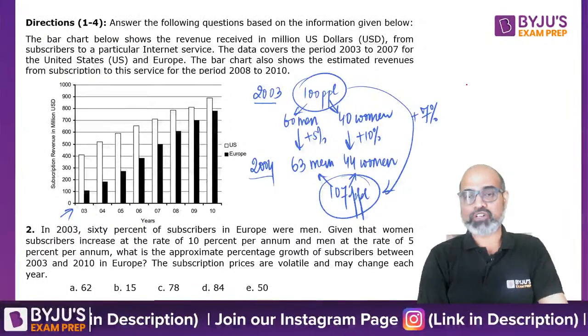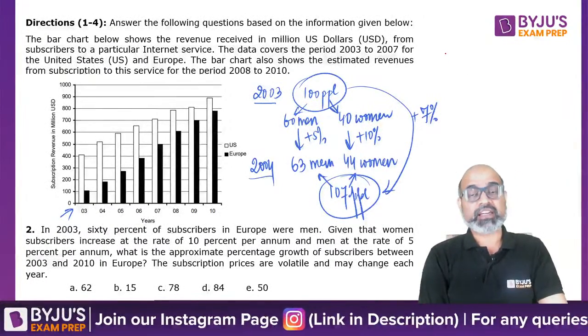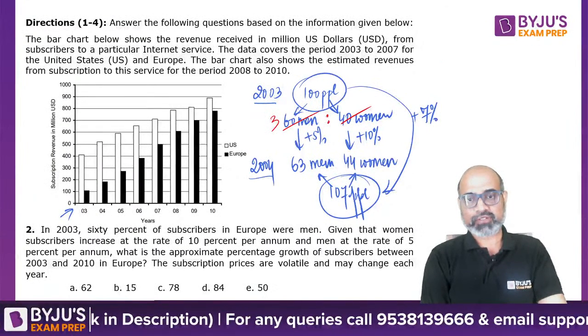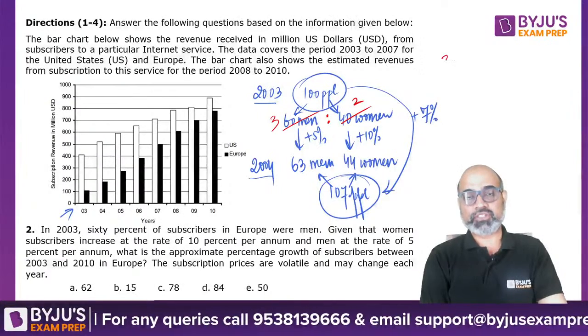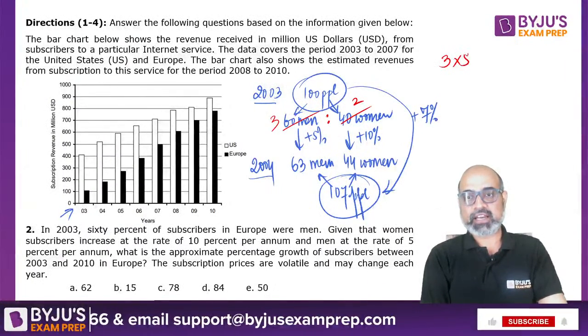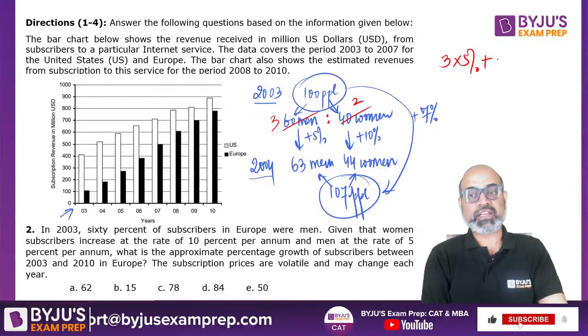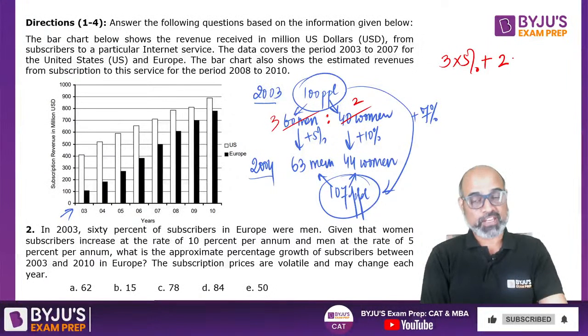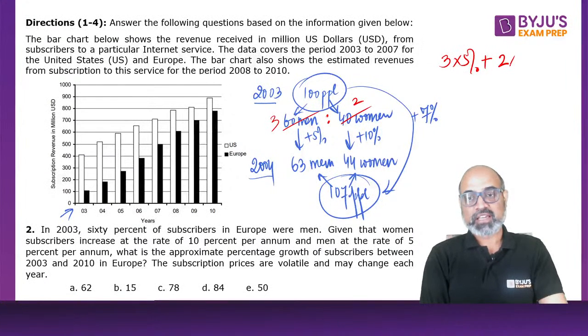This is the same logic as, since men constitute, right, this is 3:2. So if men constitute 3 units, or 3 is the weightage of men, and they are at a 5% growth, women constitute 2 units out of 5 units, and they make a 10% growth.